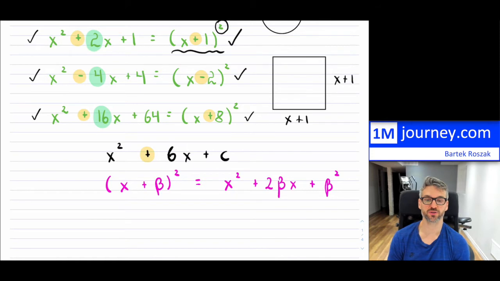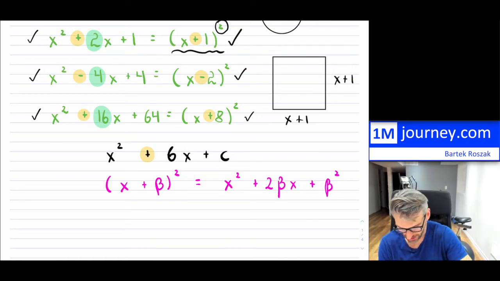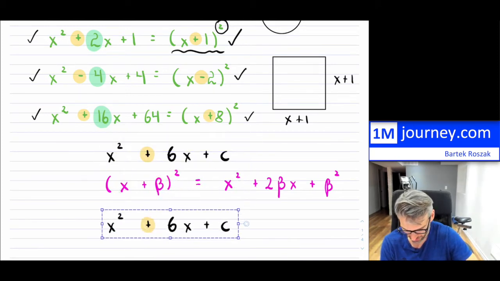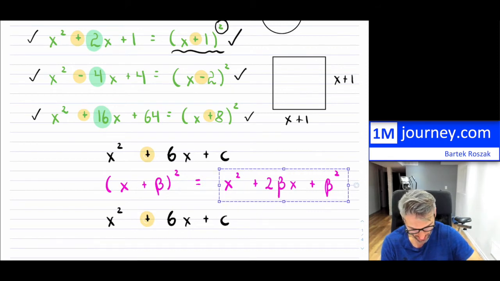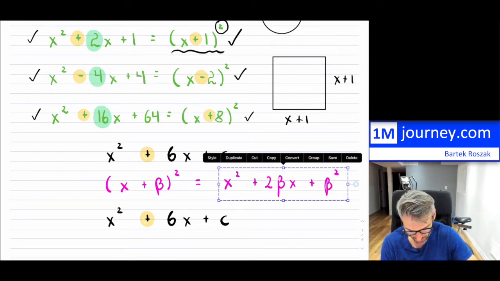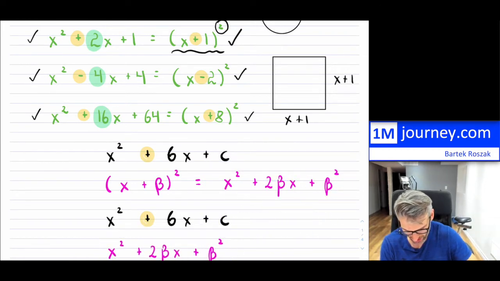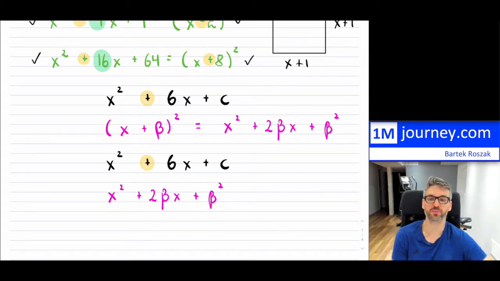That would have been my actual form of this perfect square that I would have. Now, what I'm going to try to do is take the 2, I'm going to take this one right here, let me duplicate it, put it down right there. And I'm going to take this right here, and I'm going to match them. I'm going to try to see what is actually needed in order for those two things to be identical.